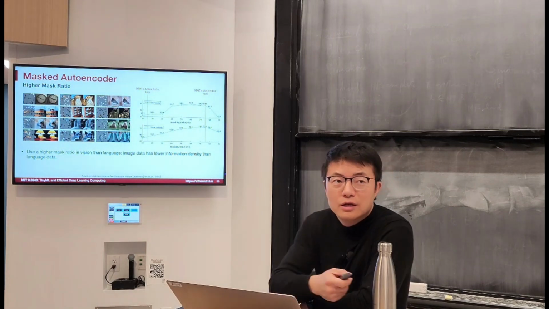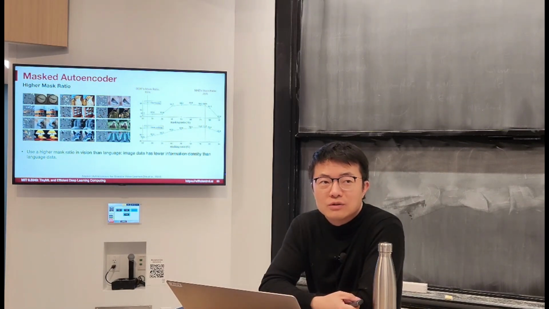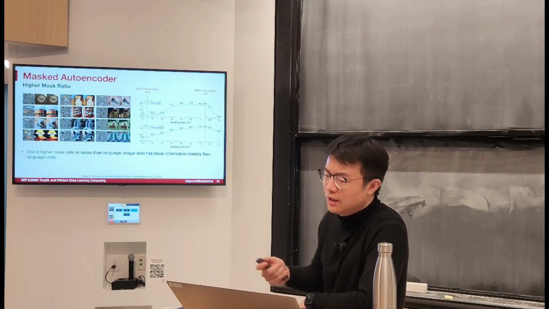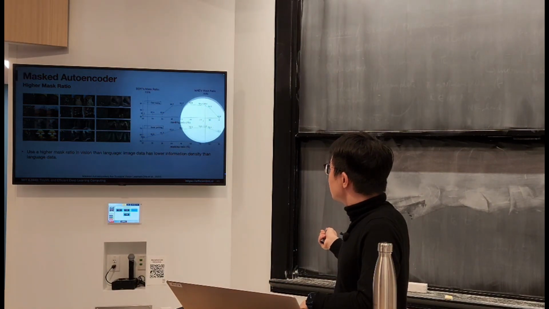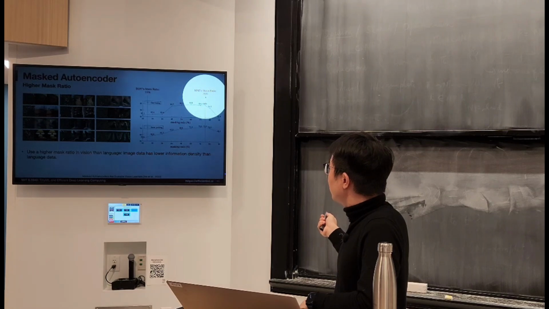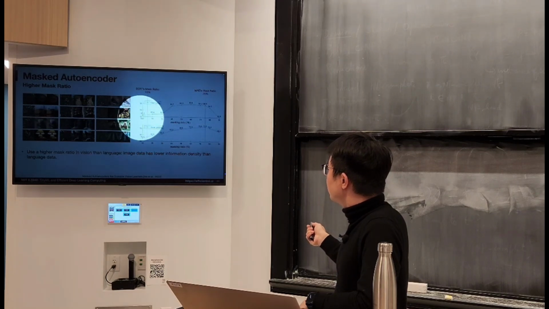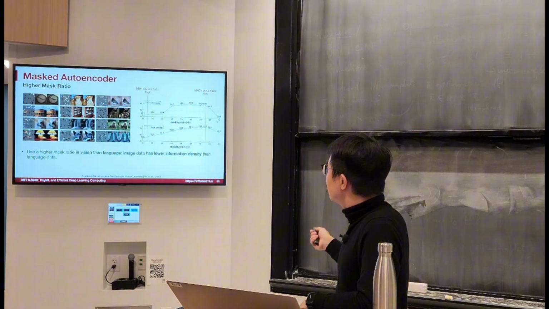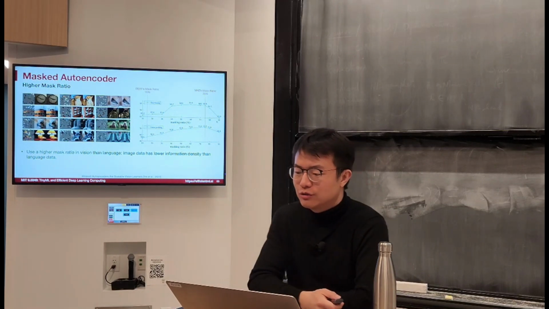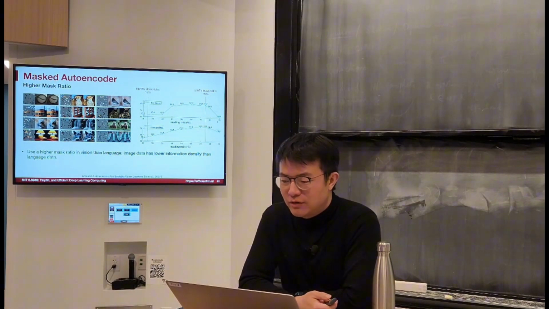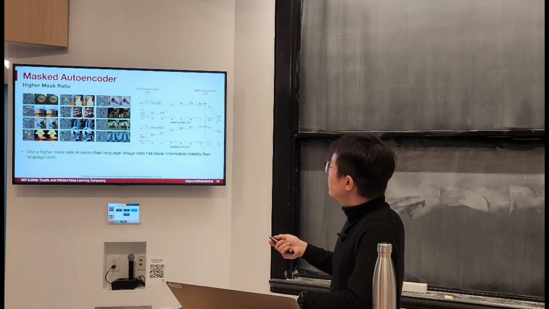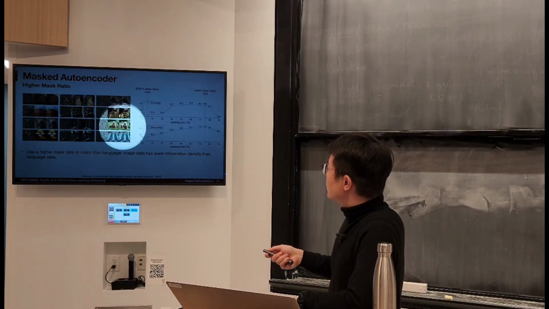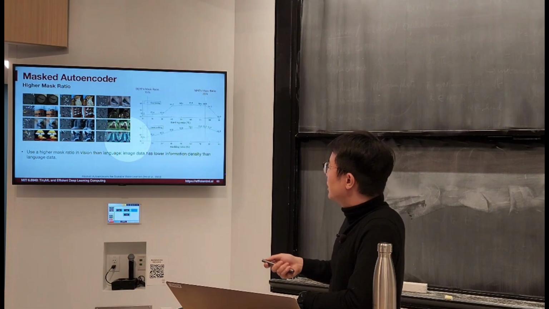You can imagine there should be a limit to what we can mask away. We cannot mask away like 99% of the pixels, right? And it turned out the mask ratio has a sweet spot at around 75%. So this is from 10%, this is 90%. The sweet spot is roughly achieved at 75% mask ratio.